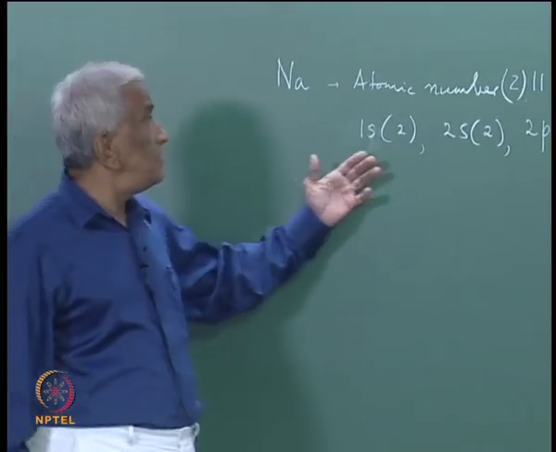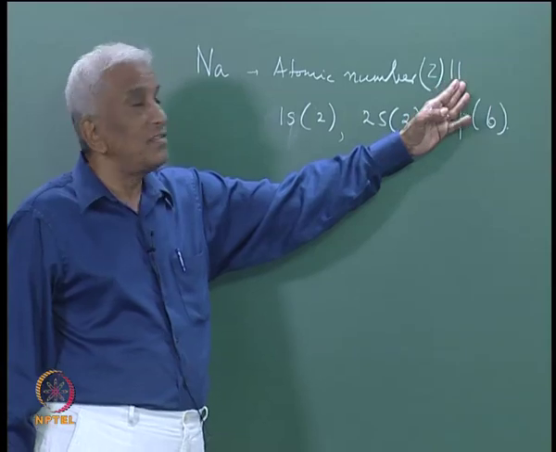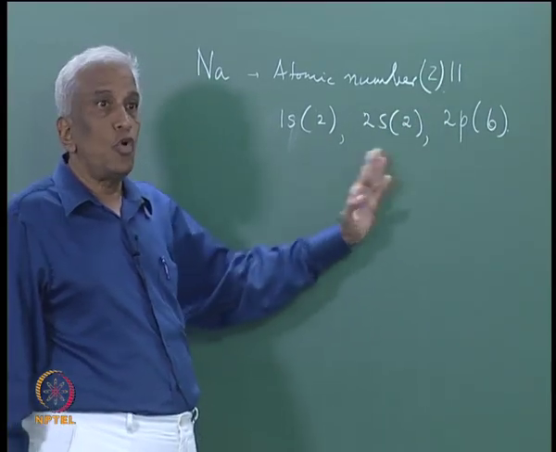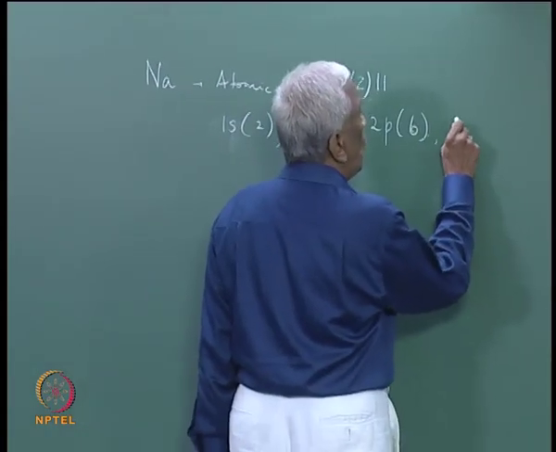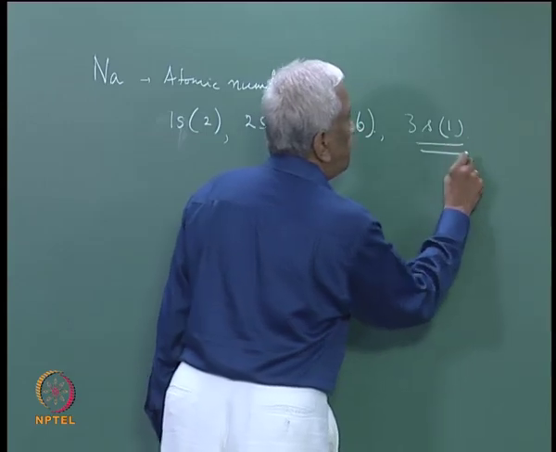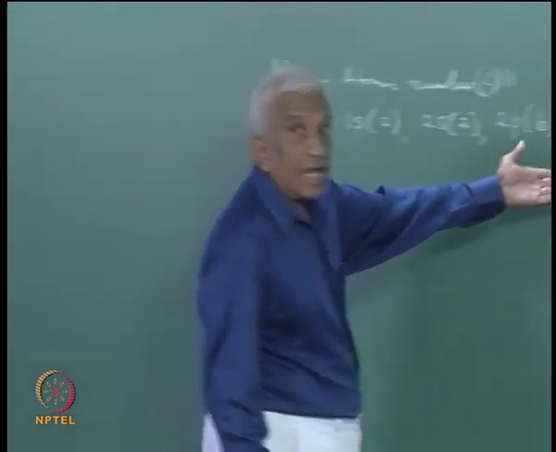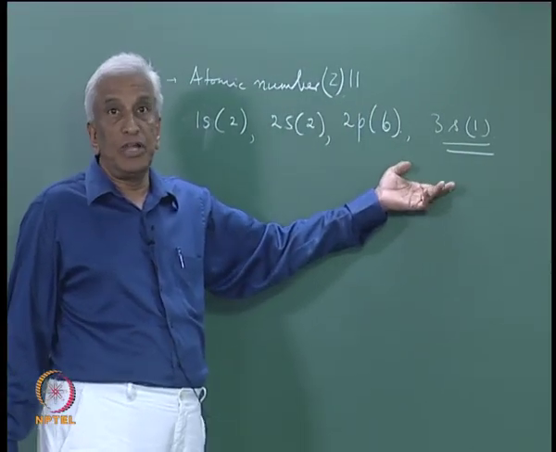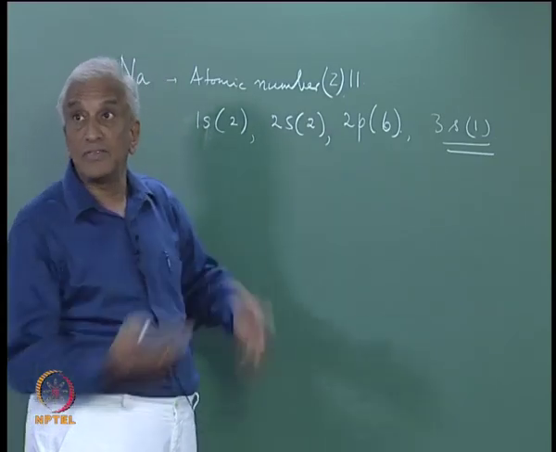So, this is the so-called closed shell structure. Out of these 11 electrons, 10 go into the closed shells, leaving only 1 electron in the outermost 3s shell. This is just an example. Similarly, one can look at any metal atom and analyze this.